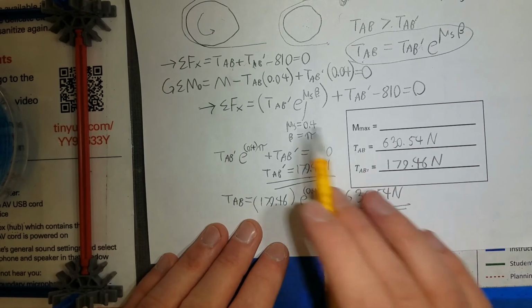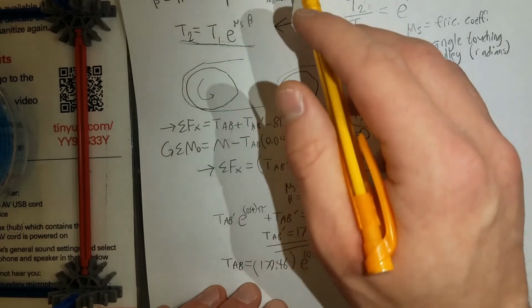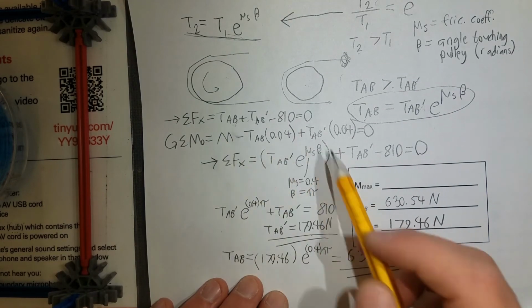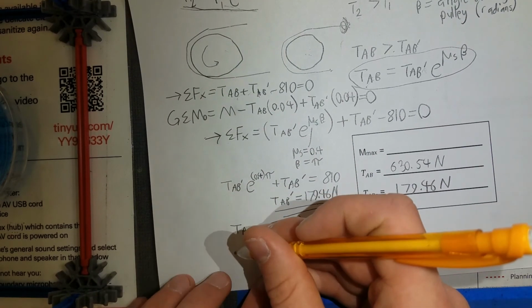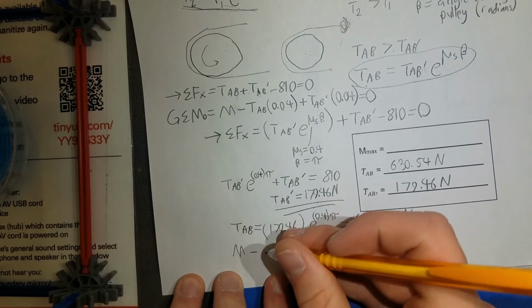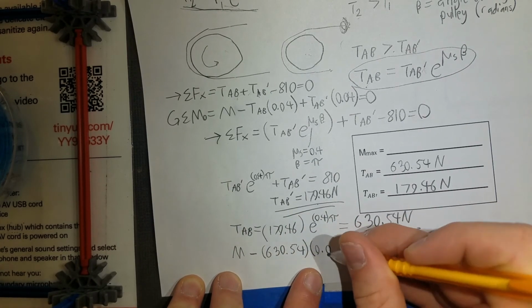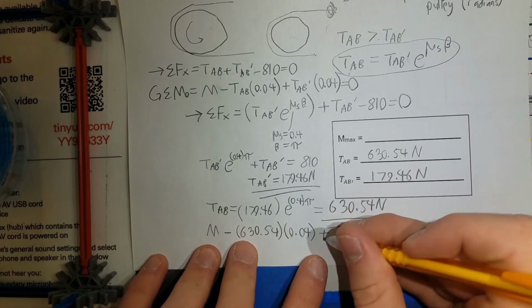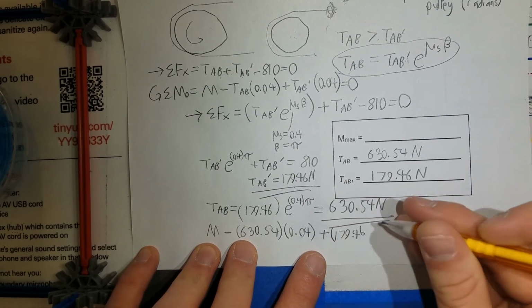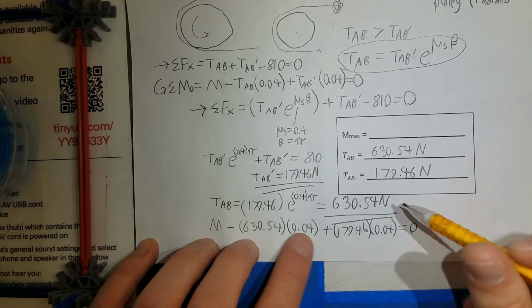And then lastly, we want to solve for the moment force. And the moment force required us to know what the tension force in both of these segments were. So we can go ahead and substitute in these two values that we found into this equation here. And we end up getting M minus 630.54 times 0.04 plus 179.46 times 0.04, and that all equals 0.